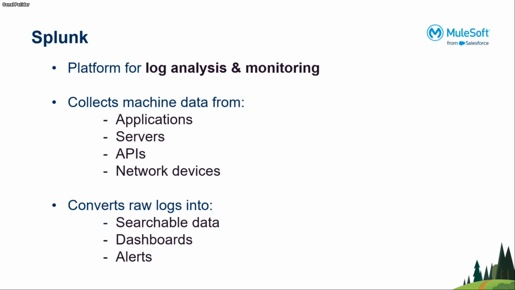For APIs, API traffic like response time, failures, and status codes is very important for monitoring. And for network devices, even firewalls, routers, and switches generate logs, which can also be analyzed in Splunk for security use cases. So basically, Splunk collects data from everywhere, but collecting data is just the first step.